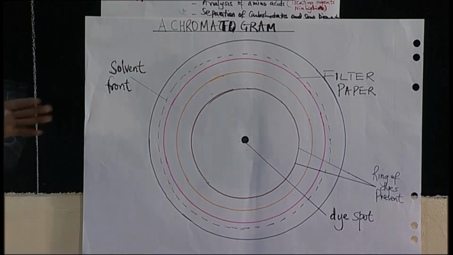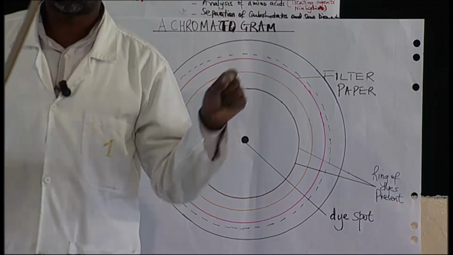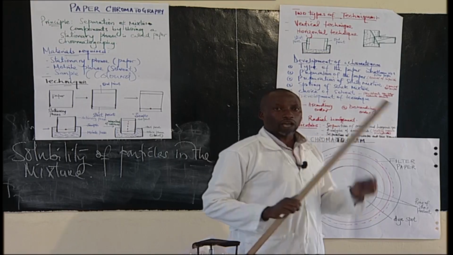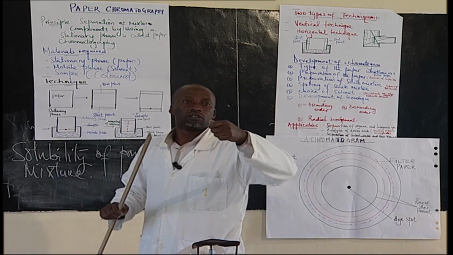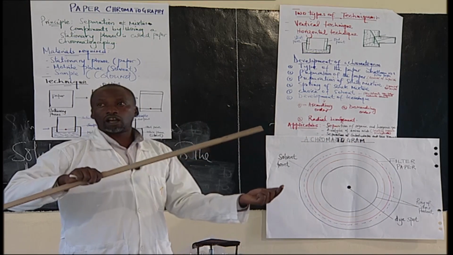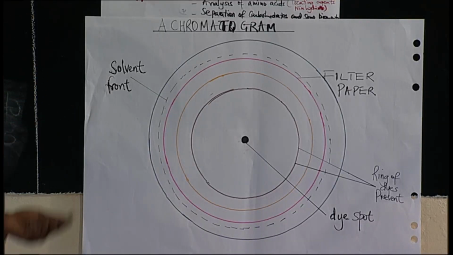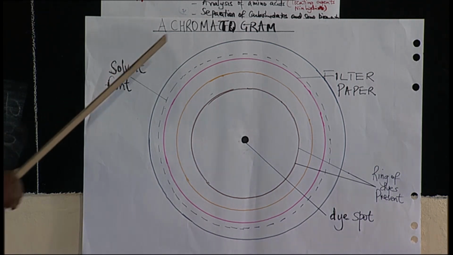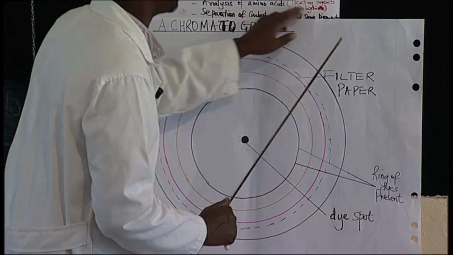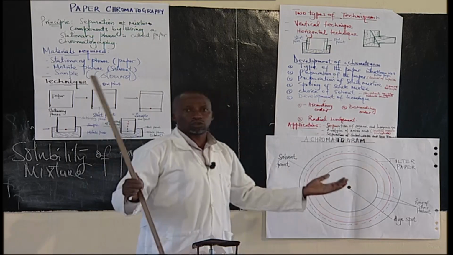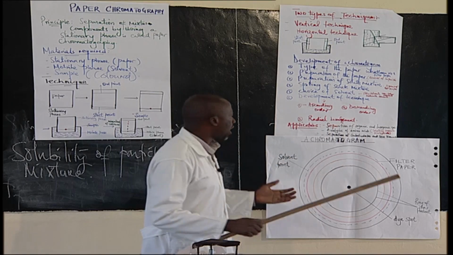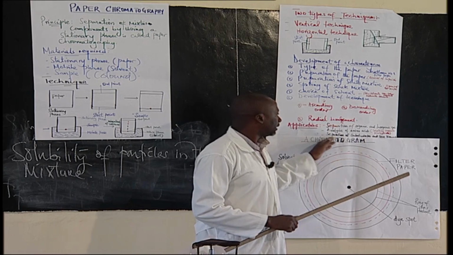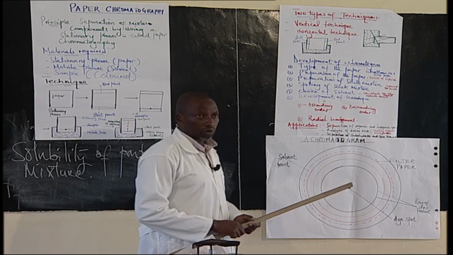Amino acids are colorless substances, so we need what we call a locating agent. The locating agent in this case will be ninhydrin, which will turn the amino acids into colored substances so that they can be easily separated. Separation of carbohydrates and some pigments, colored materials, the chlorophyll within the leaves, the colors within the flowers can also be separated by paper chromatography.